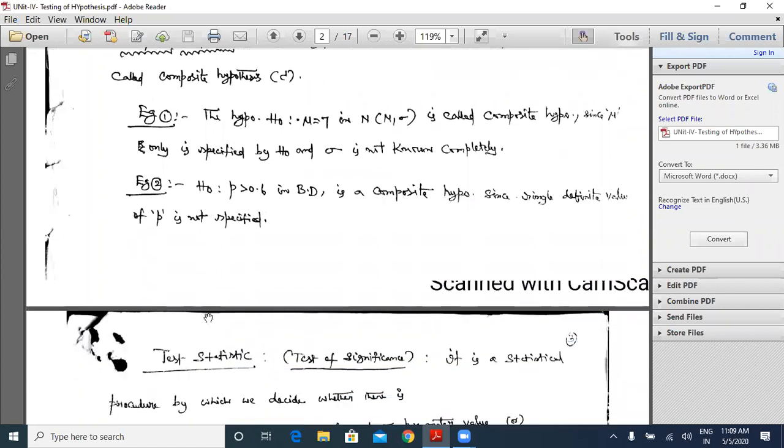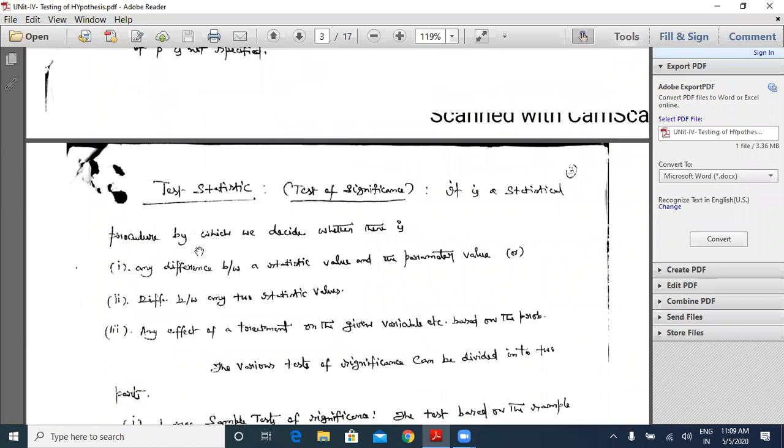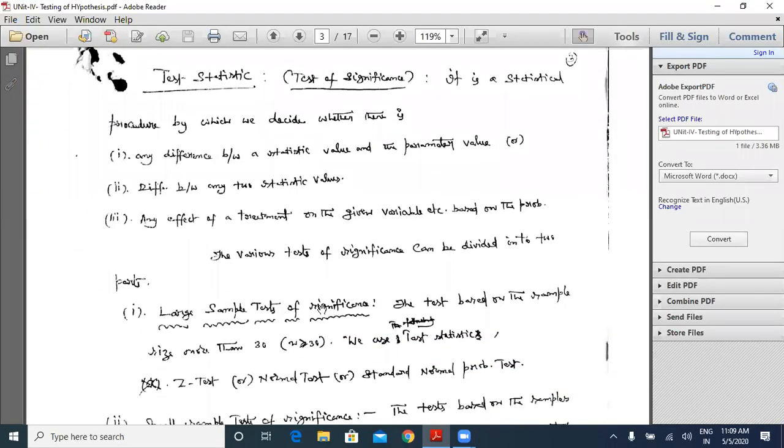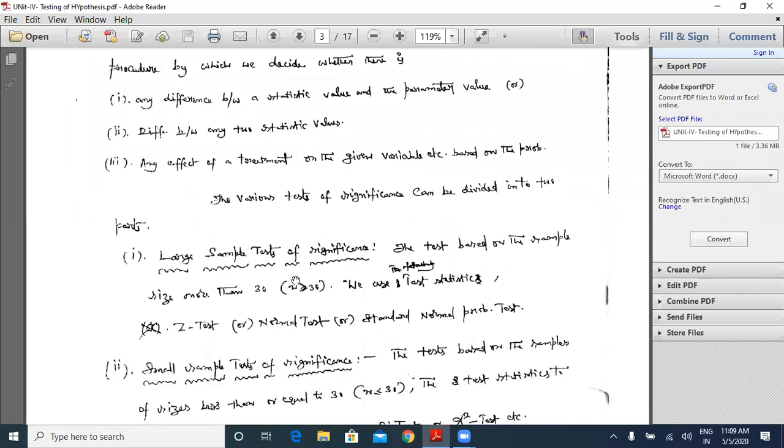Next, test statistic. It is a statistical procedure by which we can decide whether there is any difference between a statistic value and the parameter value, or between two statistic values, and any effect of treatment on the given variables, based on probability.